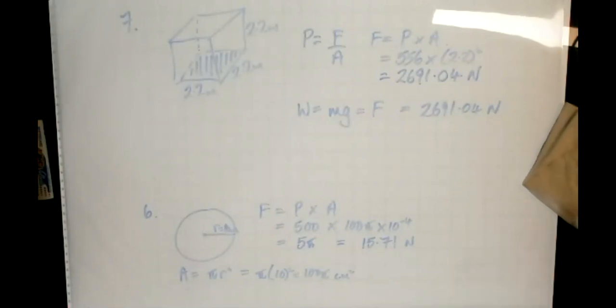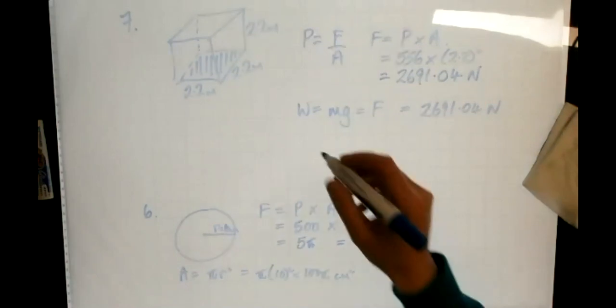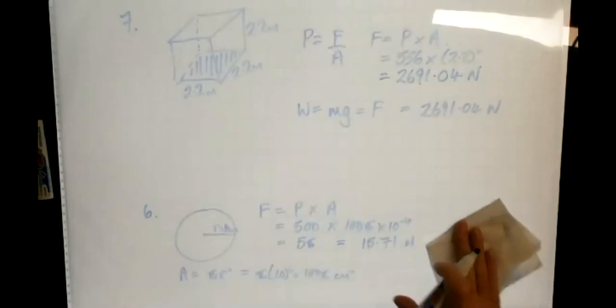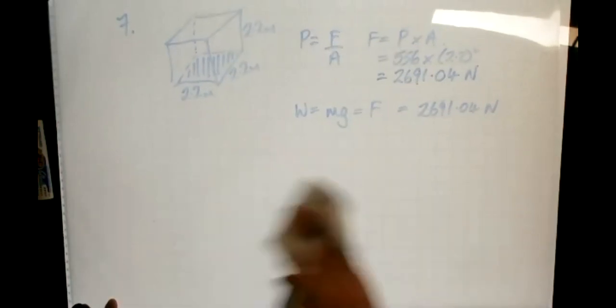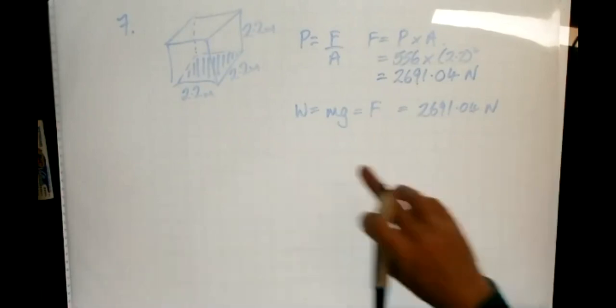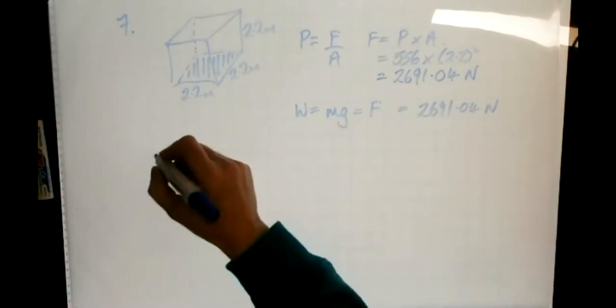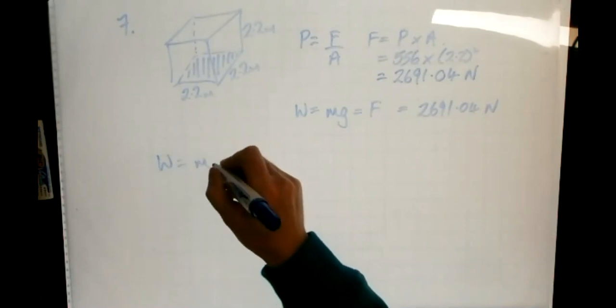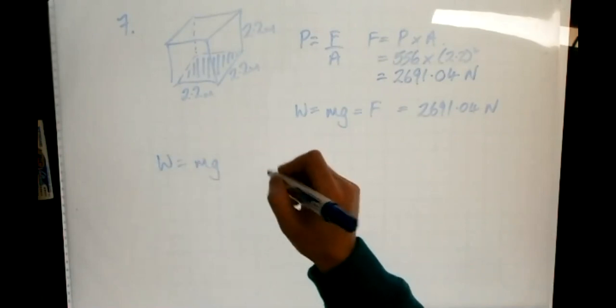Now the next part: what is the density of the oil? First we find the mass. The mass is weight divided by gravity, 9.8.